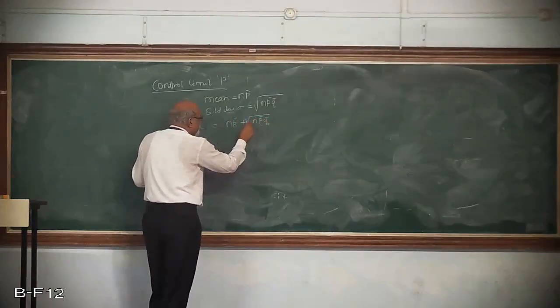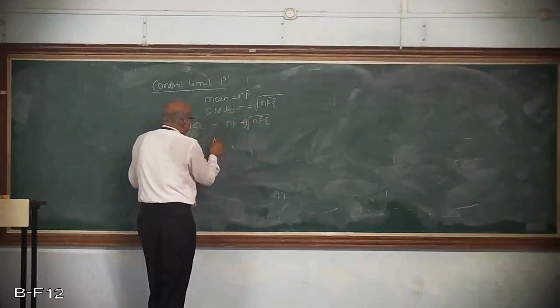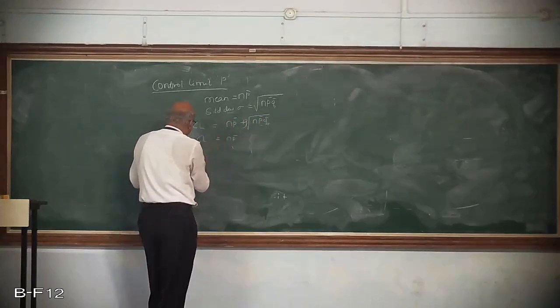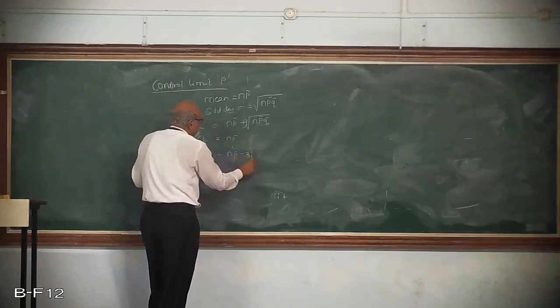The central line is NP bar. The lower control limit is NP bar minus 3 times the square root of NP bar Q bar.